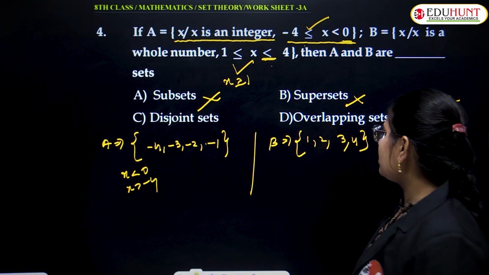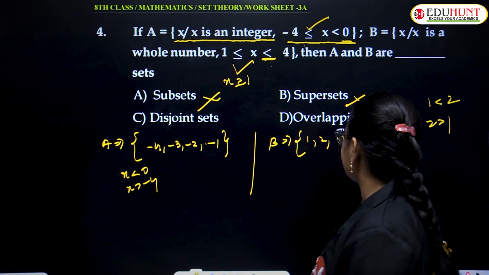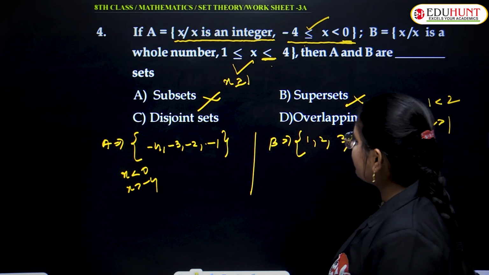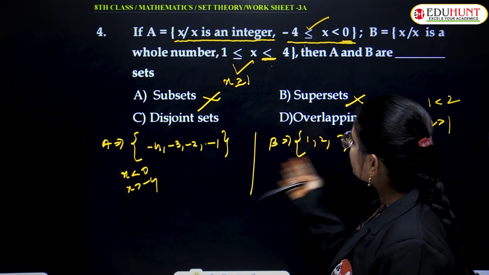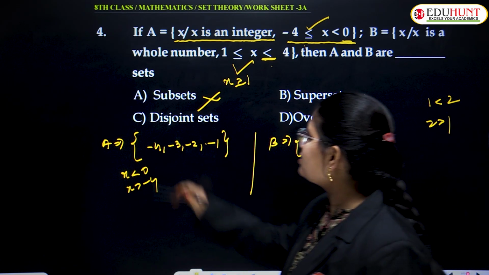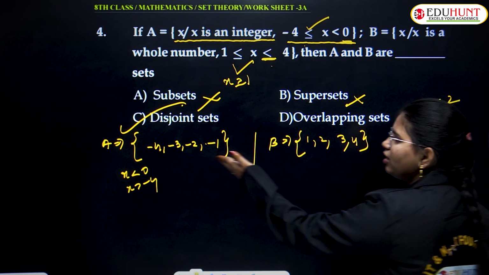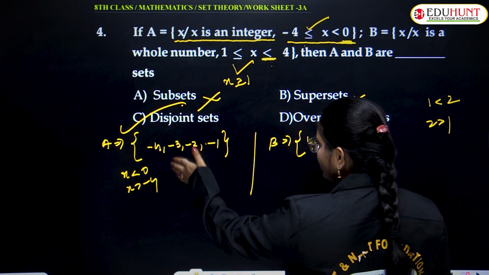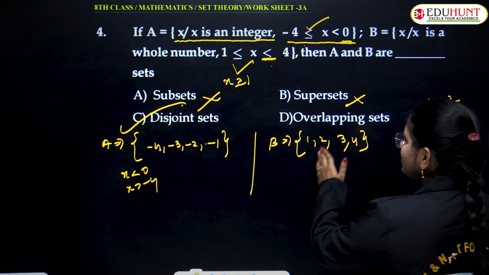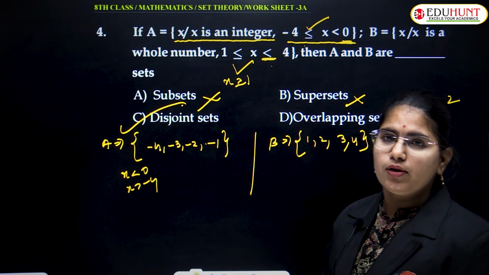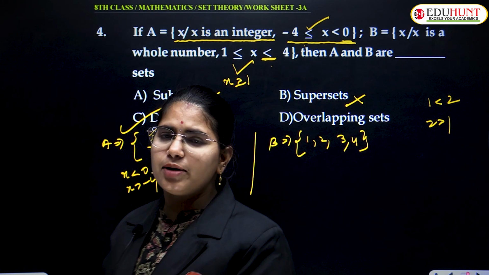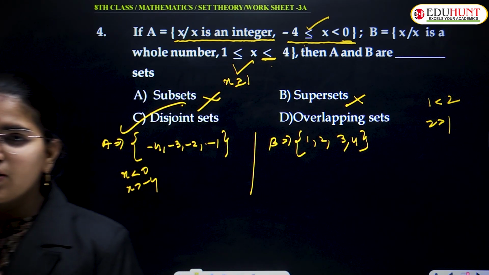Next is disjoint sets. Can we find any common element over here? No. So this is an example of disjoint sets. We do not find any common element. Here you have minus 4, minus 3, minus 2, minus 1, whereas in this case you have 1, 2, 3, 4. So we do not find any common element over here. Am I correct, children? Yes or no?